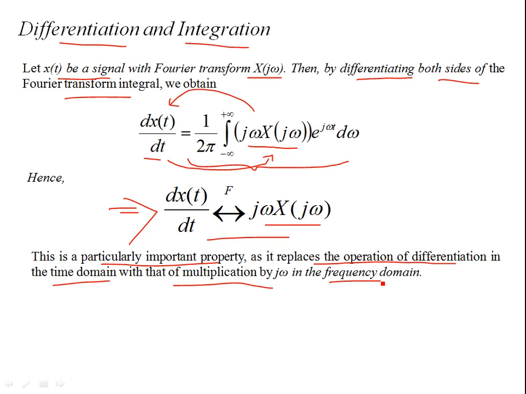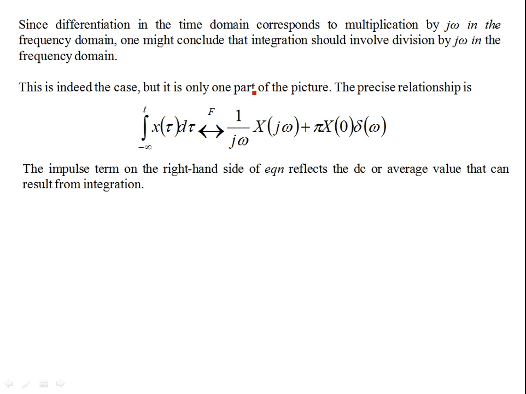So if you are going to differentiate your signal in the time domain, in the frequency domain it means multiplying the transform with j omega. Now, since differentiation in the time domain corresponds to multiplication by j omega in the frequency domain, one might conclude that integration should involve division by j omega in the frequency domain. Well, that's indeed the case, but that's only one part of the picture. Why? Because integrating a signal might return you a constant or a DC value.